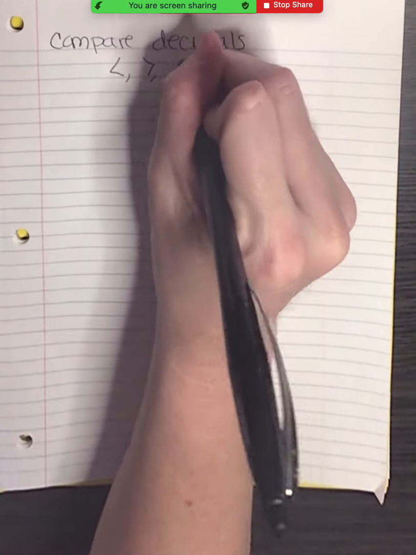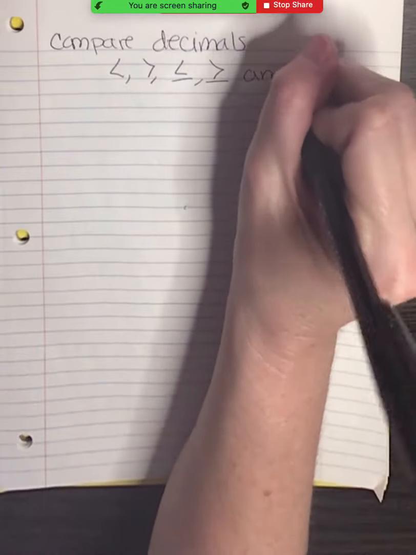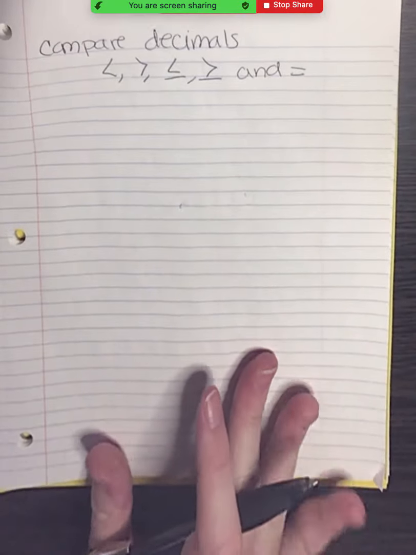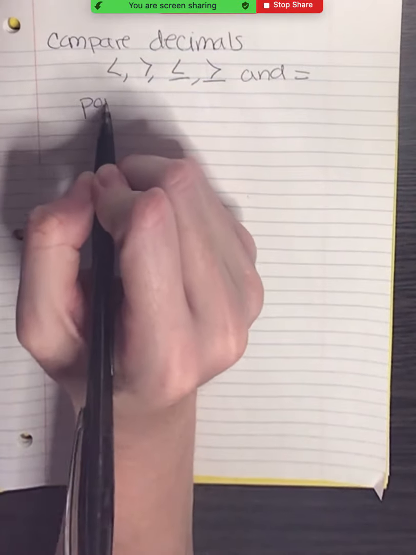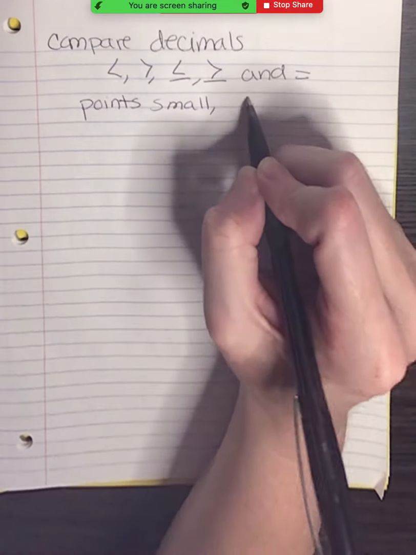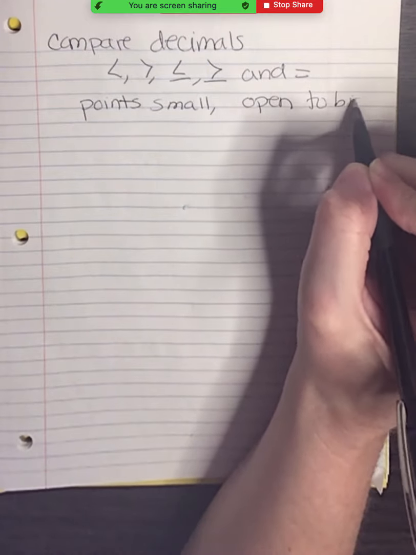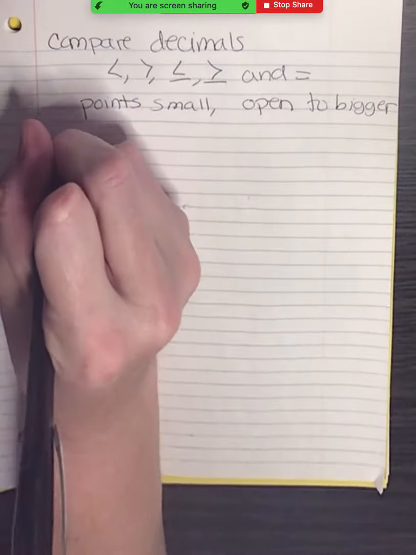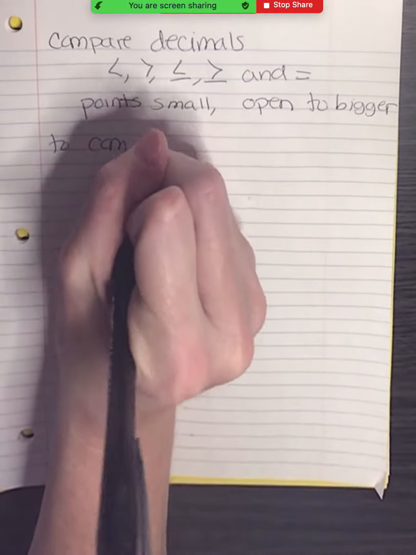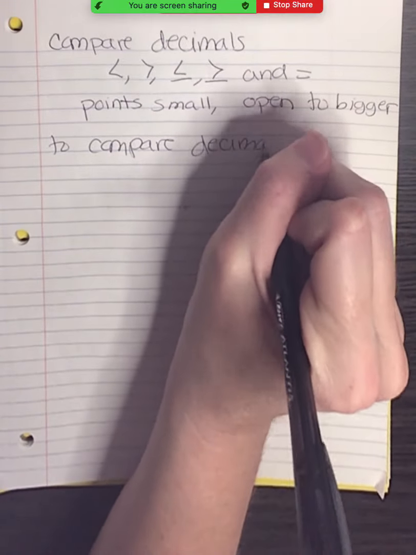So when you're comparing decimals, you start from the left on your numbers, okay? And you identify the first place where the digits are not equal.